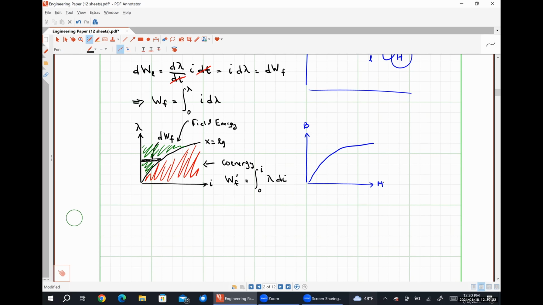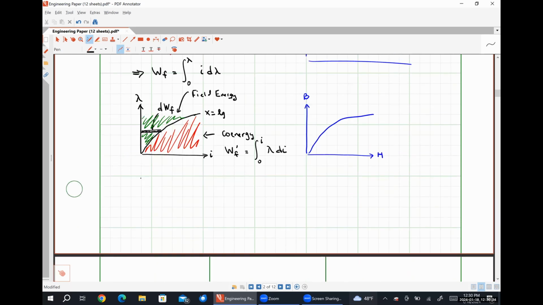So if we were to plot these gamma I curves, or these flux linkage current curves for a particular material, and we varied the air gap length, we'd wind up getting a set of curves that look something like this.